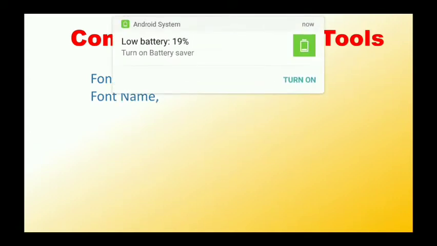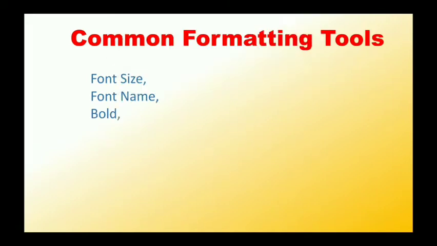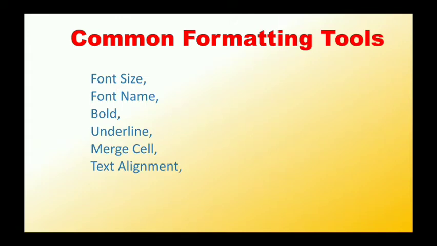Now what are the common formatting tools that are applied generally? For example, we can change the font size, we can change the font name, we can make the font bold or underline, we can merge two cells, we can set alignment of the text, and we can set the number format, or we can format different options also.